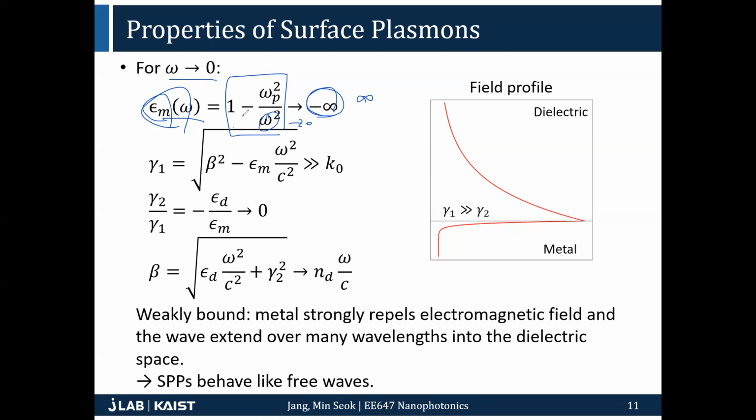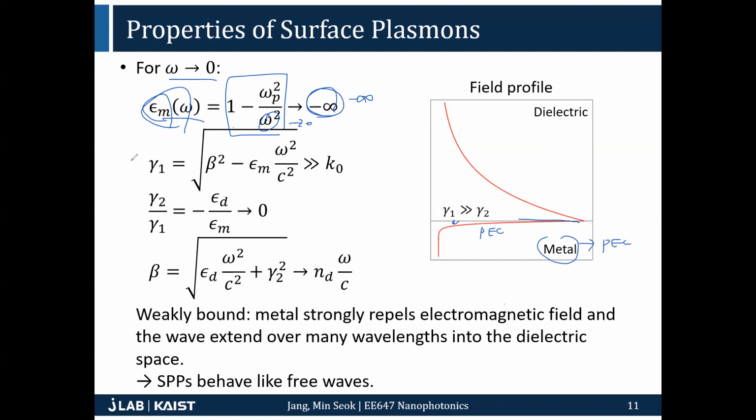So it has basically infinitely large epsilon, so that the wave cannot penetrate into the metal. Metal becomes almost like a PEC in this case. So you have just PEC and a dielectric material on top. So in this case, the wave is basically very weakly bound to the metallic interface.